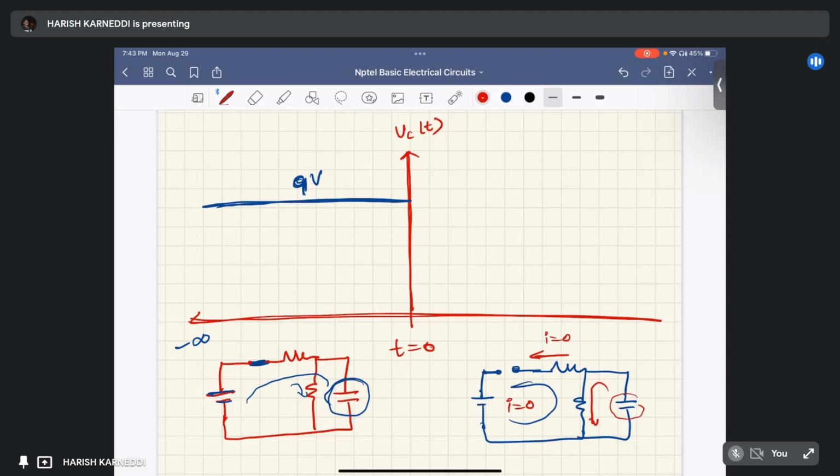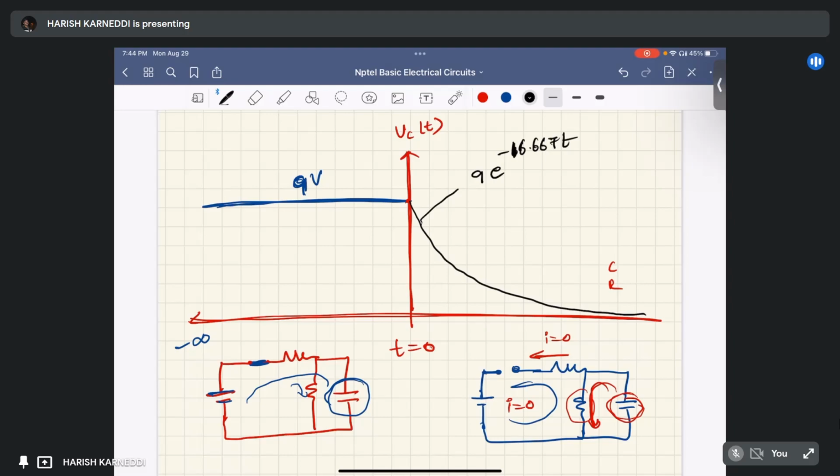That's why we consider this capacitor C and this particular resistor R. Whatever voltage the capacitor has will dissipate in this resistor, exponentially decaying. This is 9 into e power minus 16.667 t.